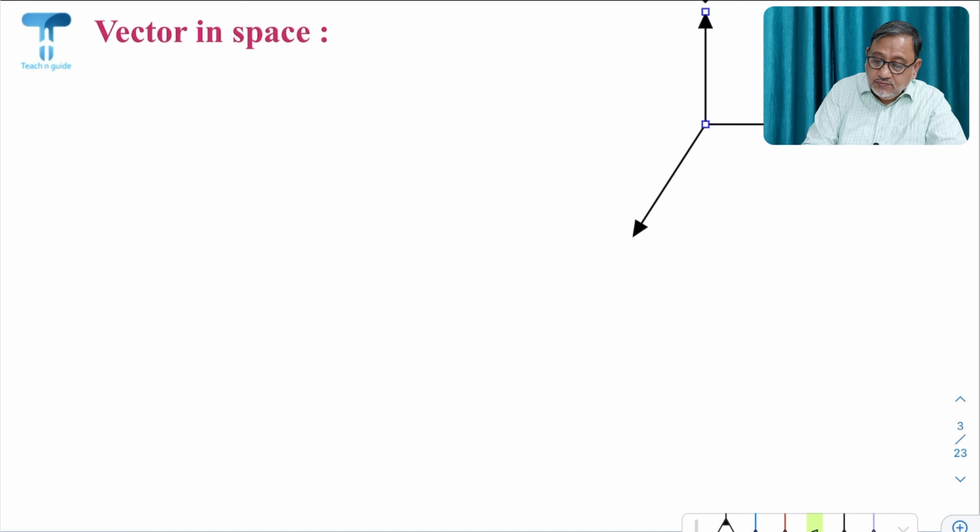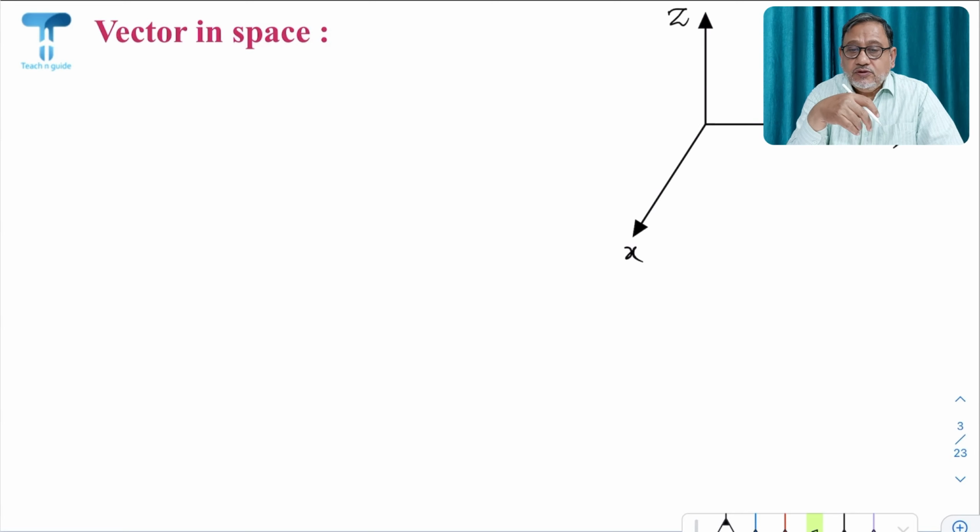Let me label them x-axis, y-axis and z-axis. Now in space also, as we have taken base unit vectors i and j in two dimensions, like that in space in the direction of x-axis the base unit vector will be i, in the direction of y-axis the base unit vector will be j, and in the direction of z-axis the base unit vector will be k.